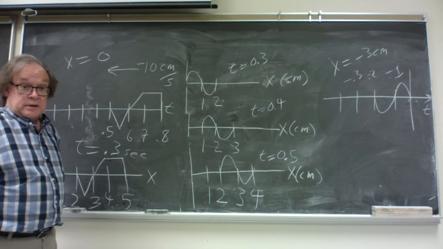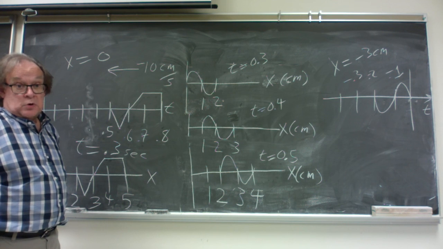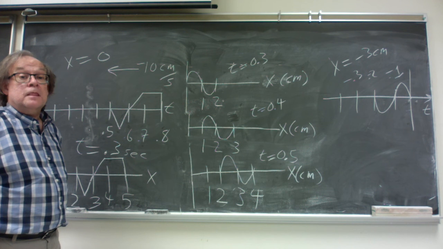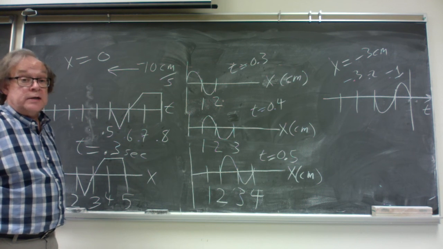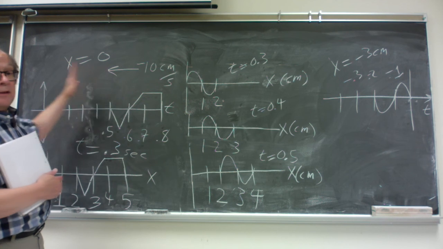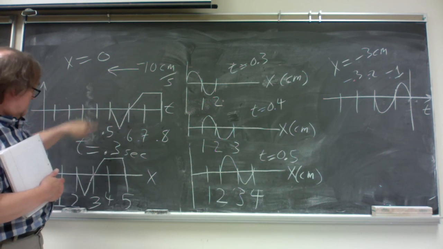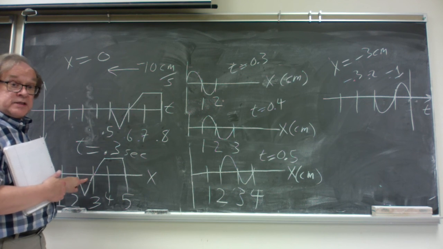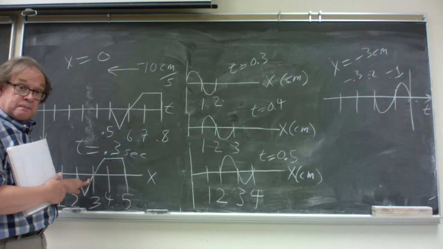And now you can see that as opposed to the situation when the pulse was moving left to right, now when the pulse is moving right to left, that means this is the front edge of the pulse, so this acts upon any little bit of mass first.